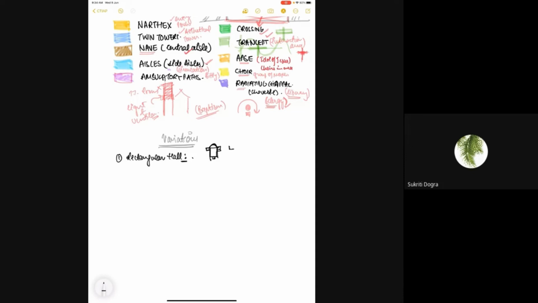Later on, the rectangular portion below started enlarging. They started enlarging this whole area in the later stages, and the plan that I discussed with you is the actual form formed out of a cruciform, and it looks proportionally balanced.